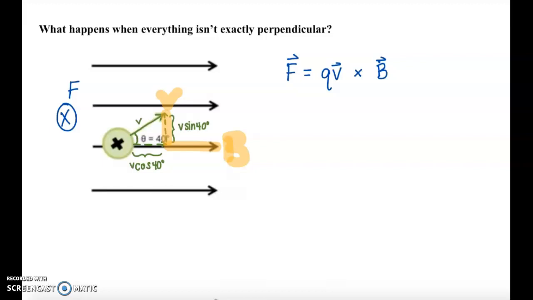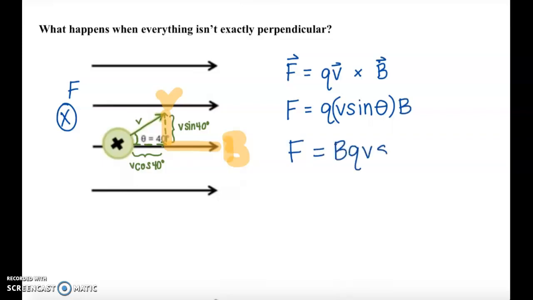So as I'm substituting into this equation, it would actually become Q V sine theta times B. This is what's listed in your data booklet, not the cross product, but this sine theta. And that sine theta is really just coming from the perpendicular component of velocity in this example.